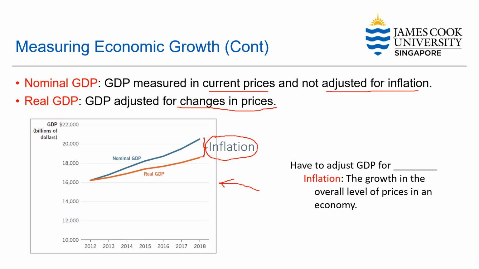All of this just tells us that when we examine the economic growth, we have to adjust the GDP for price change, which means we have to adjust it for inflation.